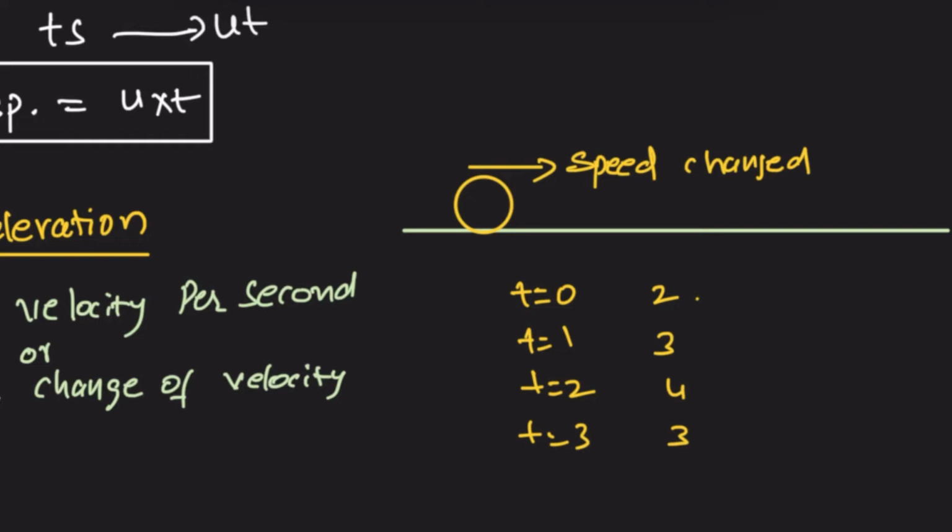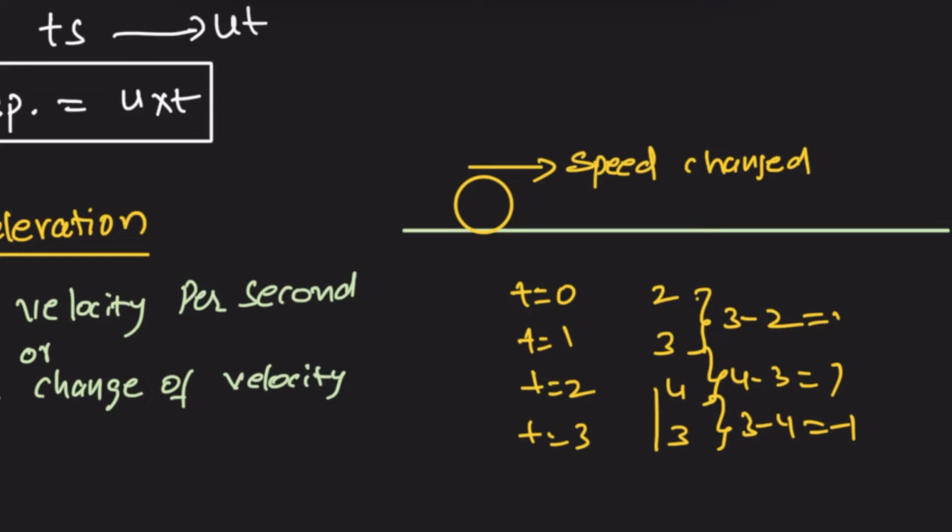See here, for every second. For the first second, change in velocity is 3 minus 2, that is equal to 1. Next second, change in velocity is 1. Next second, that is 3 minus 4, minus 1, here decreasing.